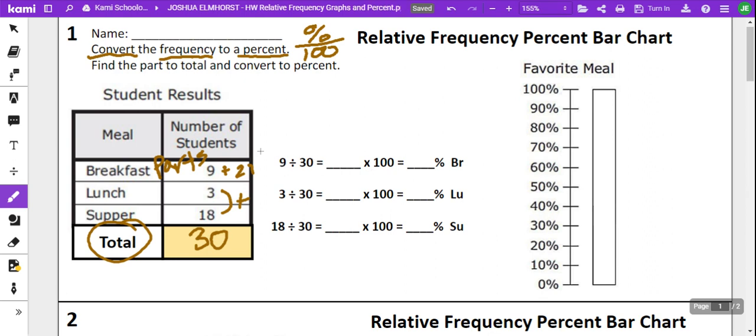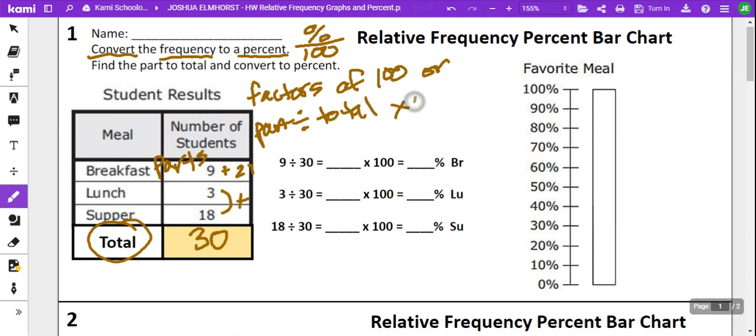So there's two ways to do this. You can use factors of 100, or we can divide the part by the total and then multiply the decimal by 100 to give you percent.